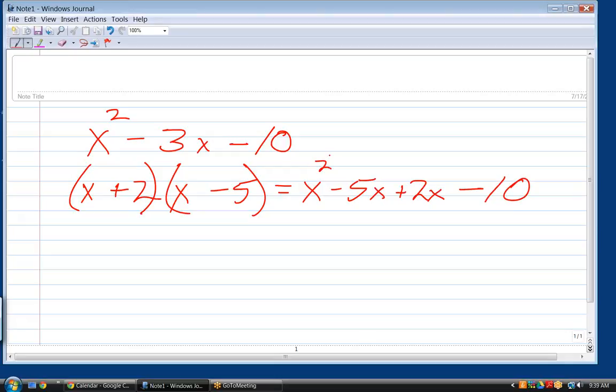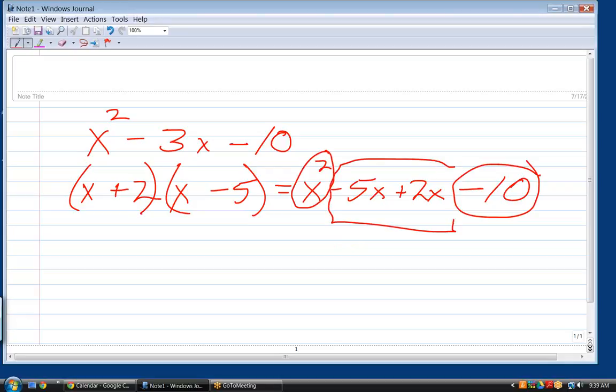Notice that there's only one x squared anywhere, and there's only one constant anywhere. But the two middle terms always have to be combined. If I take minus 5x and plus 2x, I get minus 3x. So my final answer after FOILing them is this. Same thing. So I did it correctly.